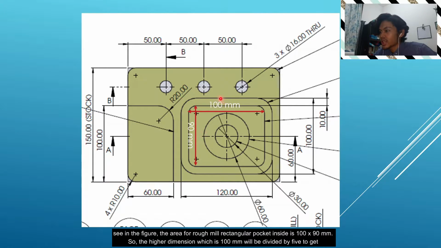So the higher dimension, which is 100 mm, will be divided by 5 to get the size of the cutting tool, which is 20 mm.